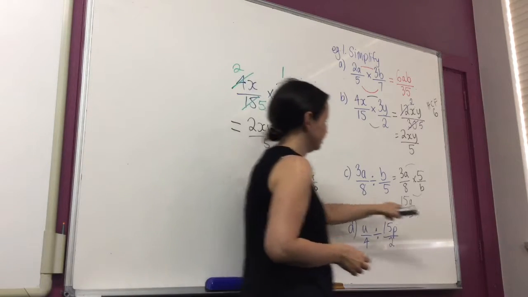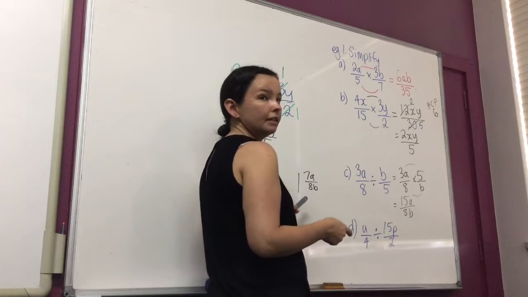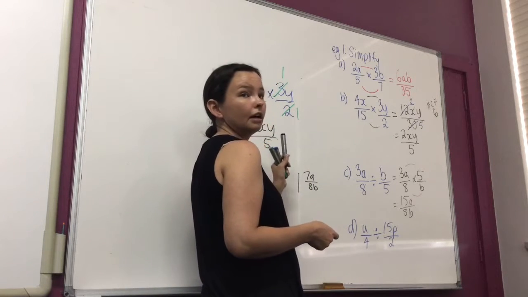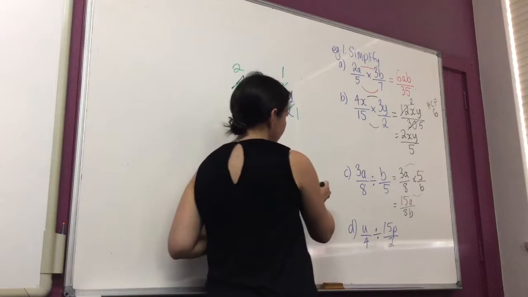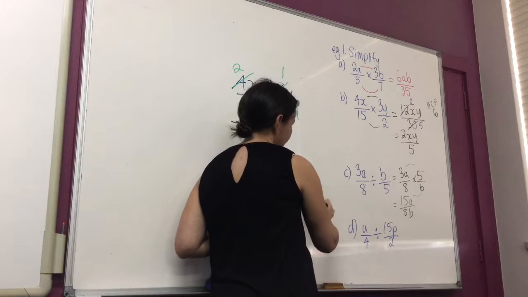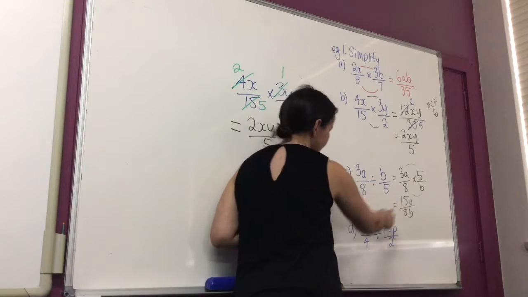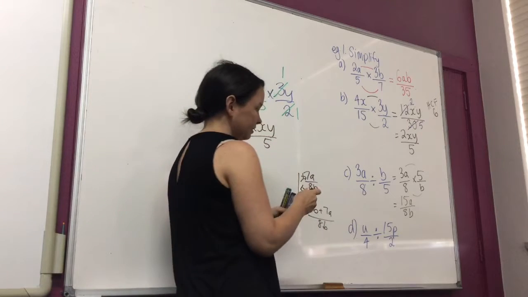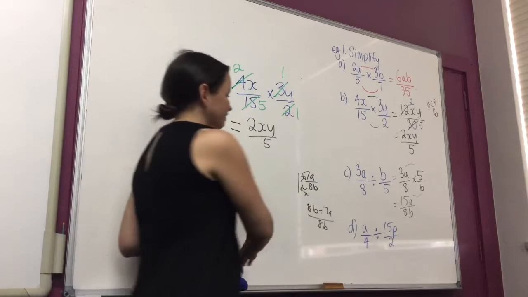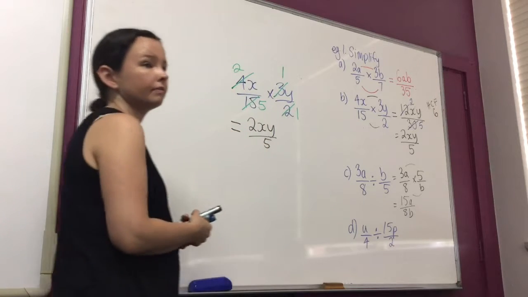All right, we leave it like that. Because if we were to go and change this to an improper fraction, you know how you would multiply and then you plus that on? So that would be 8b plus 7a over 8b, which isn't what we have there, because b and a don't go together to give 15a. So we're going to leave it as an improper fraction.